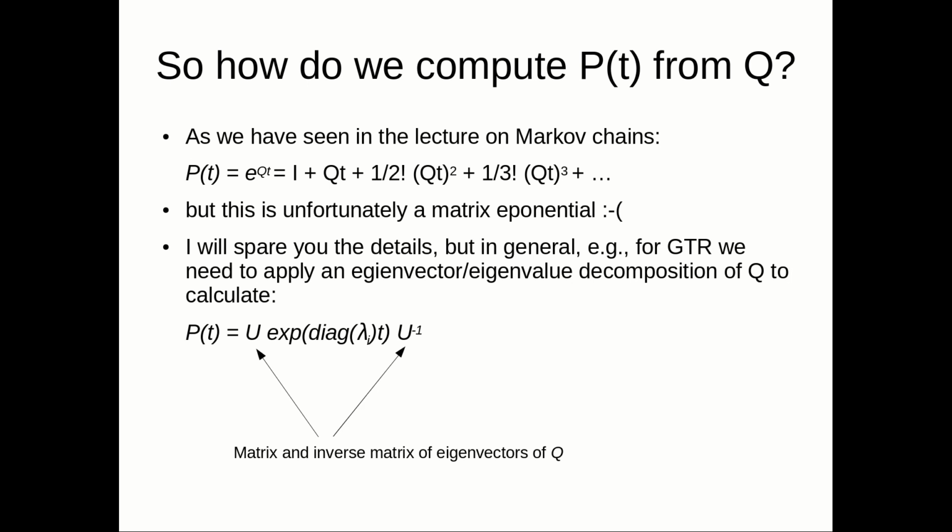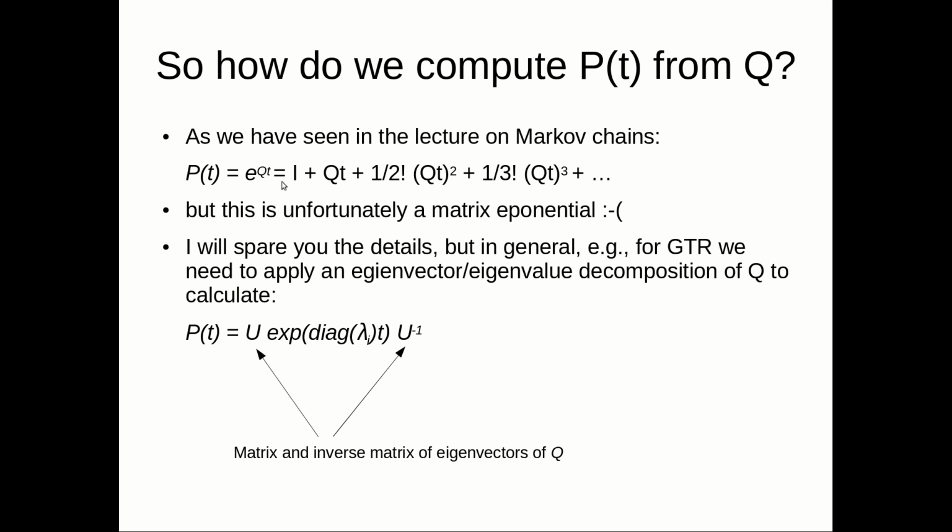But how do we actually compute the transition probability matrix for a given time t from this rate matrix Q? As we've seen in the lecture on Markov chains, the transition probability matrix T is given by the matrix exponential, e to the power of Q, that's our Q matrix, multiplied with t.